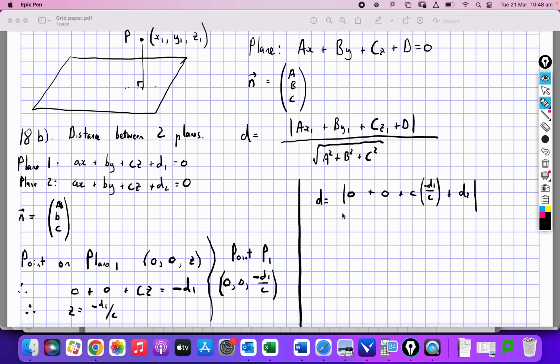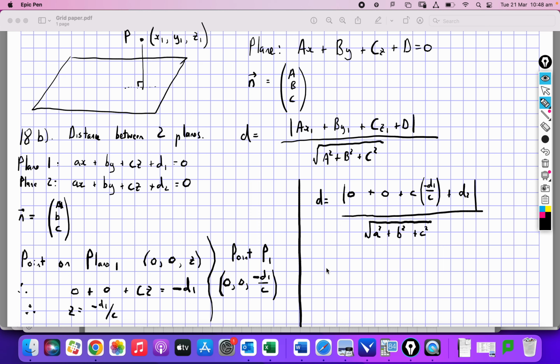And then that will be all divided by the magnitude of the normal from plane 2, which is the same as the normal from plane 1 in this instance, because I've already explained that these planes are parallel. So their normals are also parallel.